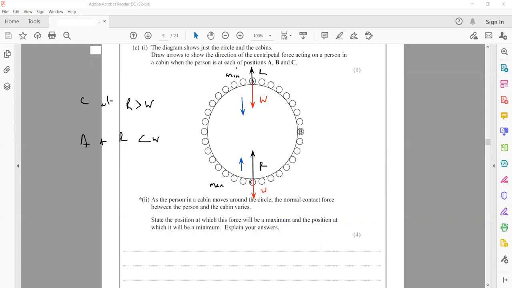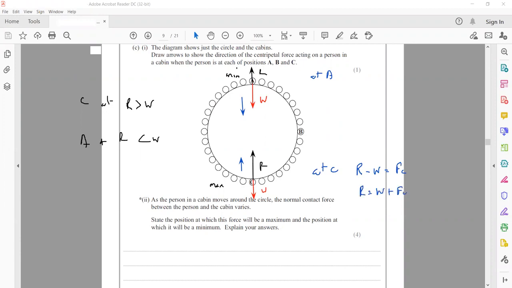So first, it will be maximum at C and it will be minimum at A. And when we write the equations, the equation for the resultant force at C and at A. R is acting up, so R minus W should be equal to centripetal force Fc, or we can say R is equal to W plus Fc.